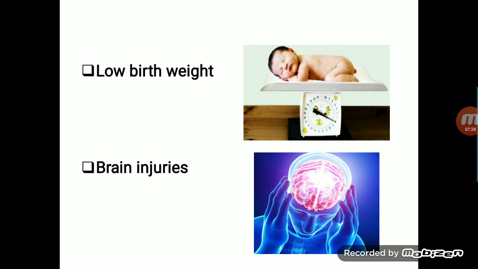In the perinatal stage, during delivery, if they have delivered the baby by use of instruments like forceps or ventouse delivery, and due to this instrument they have caused an injury to the fetal brain. And postnatal, after delivery, any trauma related to the brain can contribute to this disorder.